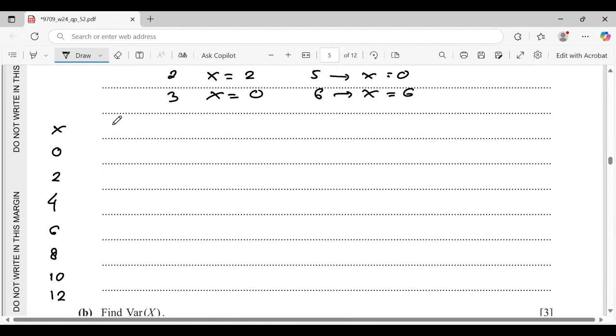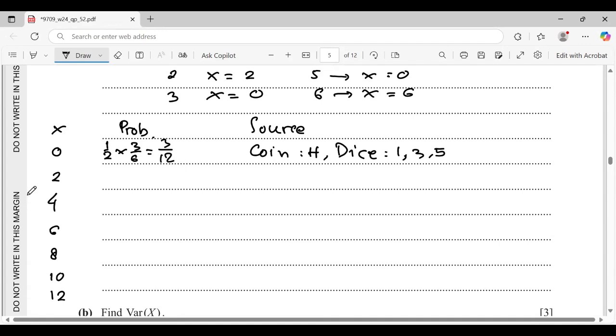And after that, the probability and the source to get the probability. If x is 0, the source is coin head and dice 1, 3, and 5. And the probability is 1/2 times 3 over 6 equal 3 over 12.